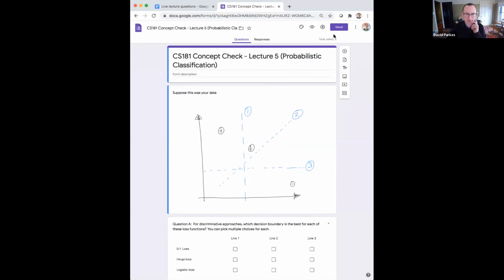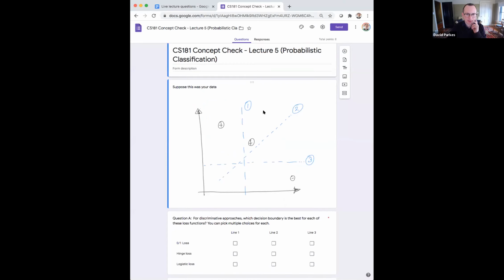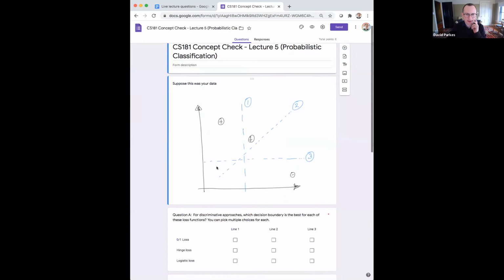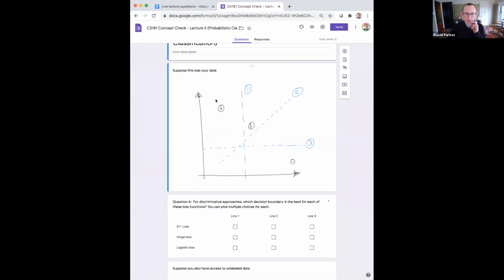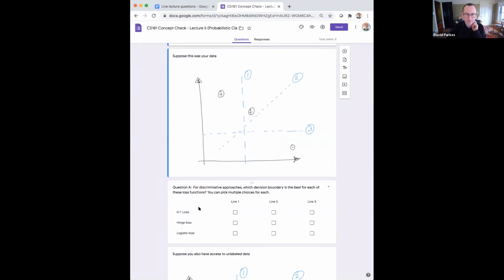Here's the concept check. So I give you examples that are initially there are only 3 examples: positive, positive, and minus. And I ask you for 3 different loss functions, 0-1, hinge, and logistic, which line or lines would they prefer for each of those loss functions?